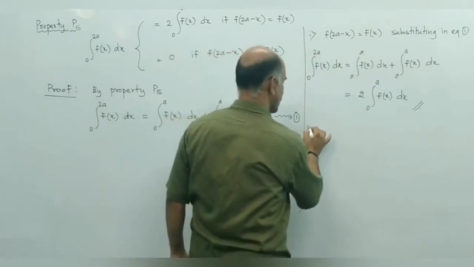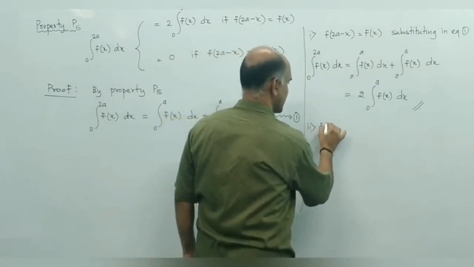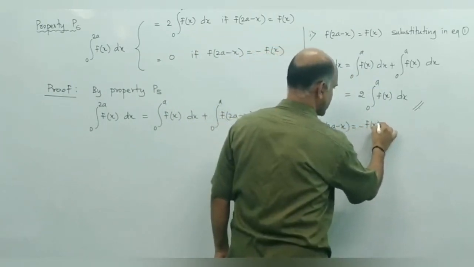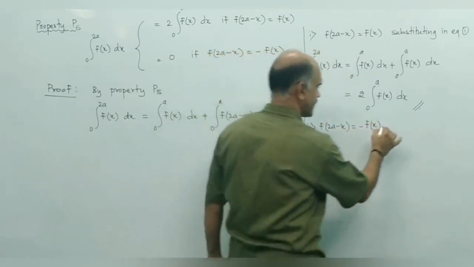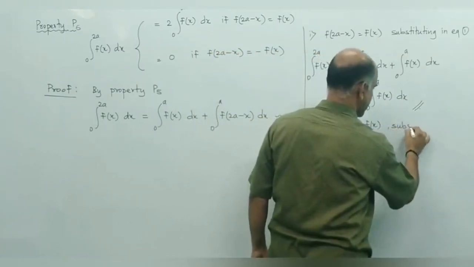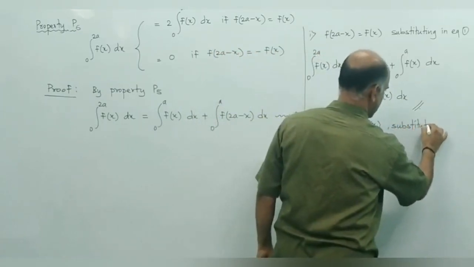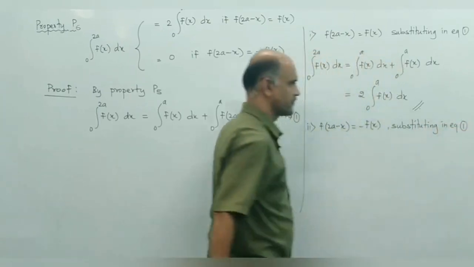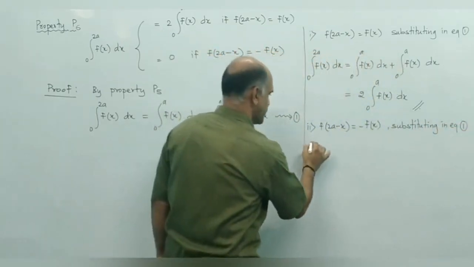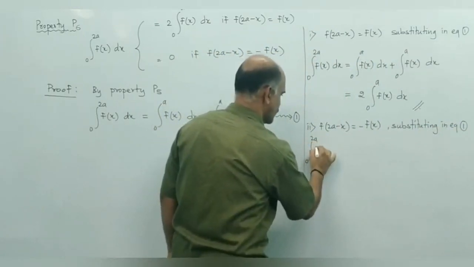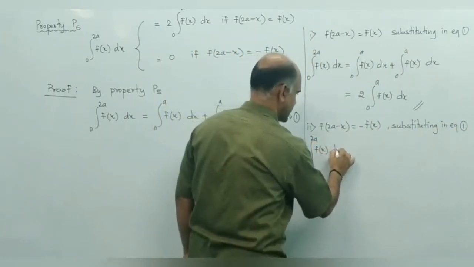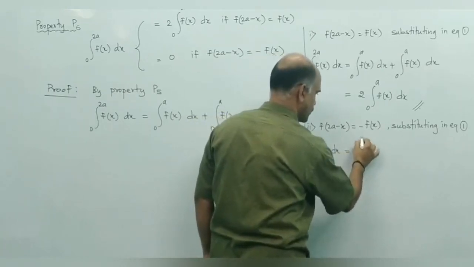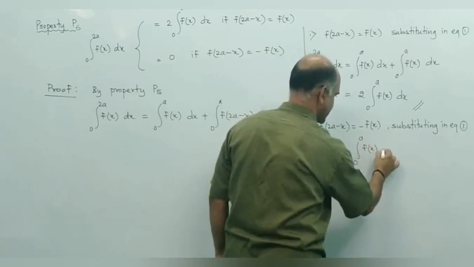So you can solve. Second, if f of 2a minus x is equal to minus f of x, substituting in equation 1, LHS will be same, 0 to 2a f of x dx, equal to, first term will be same, 0 to a f of x dx.